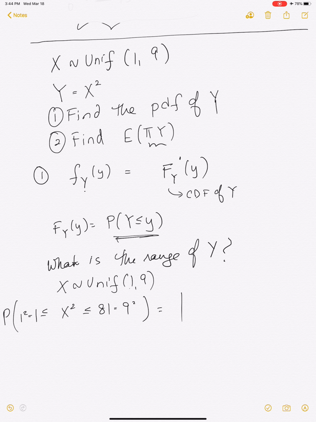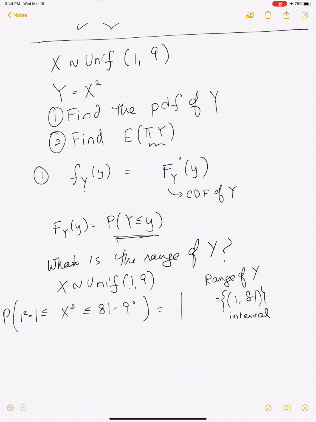So you can say that the range of Y is the interval 1 to 81. But you can't say uniform.